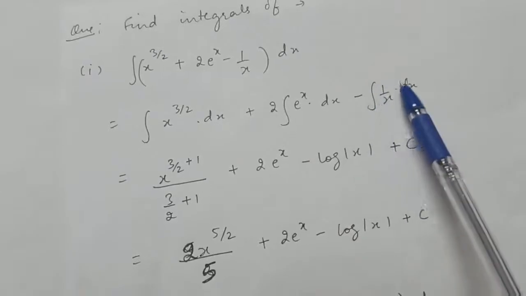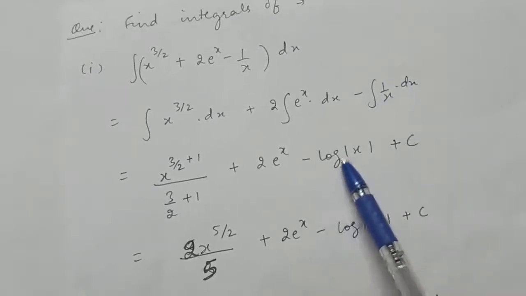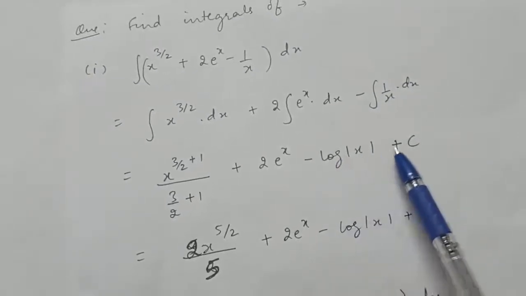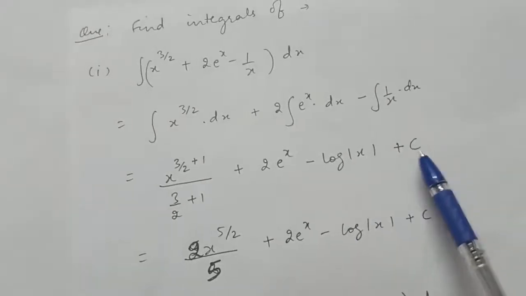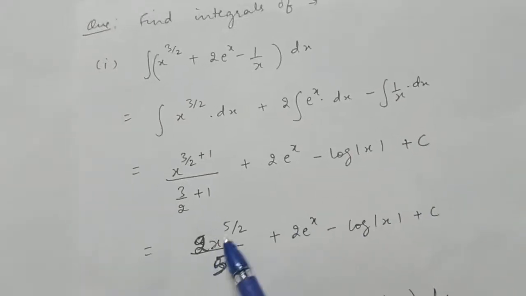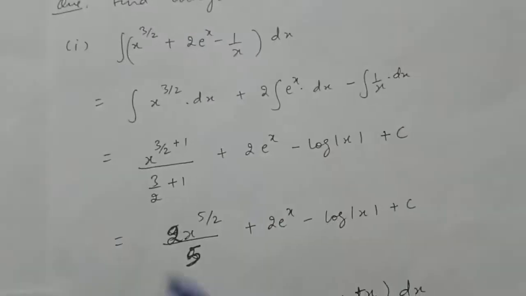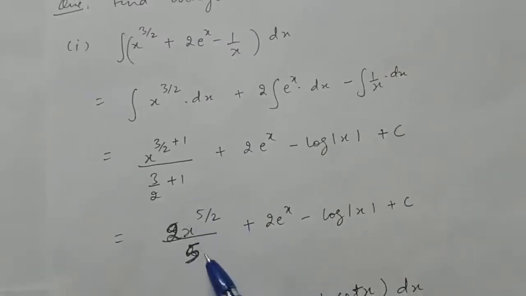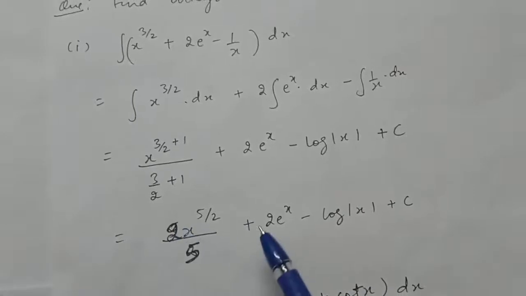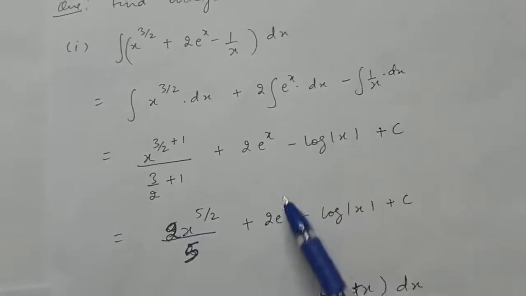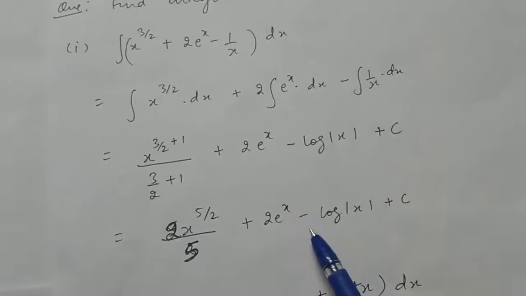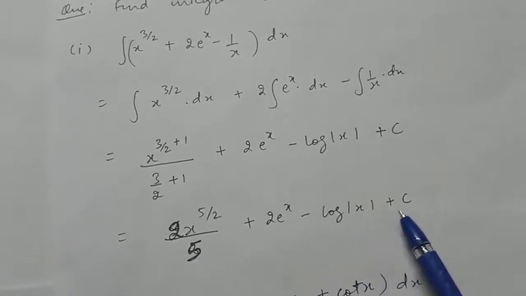So the integral of this is minus log mod x plus c, the constant of integration. So you will get x raised to the power 5 by 2 in the denominator, 5 by 2, which is 5, take 2 in the numerator, plus 2 into e raised to the power x minus log mod x plus c.